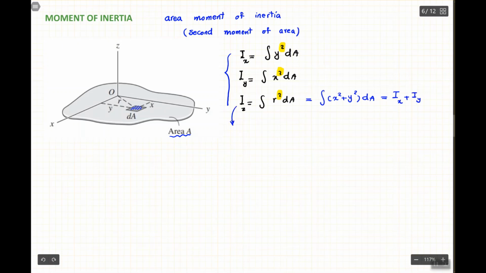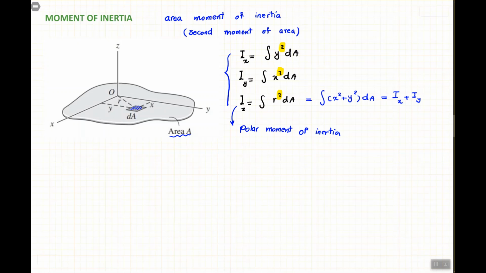And this Iz sometimes is called the polar moment of inertia. But we'll talk about the polar moment of inertia later.